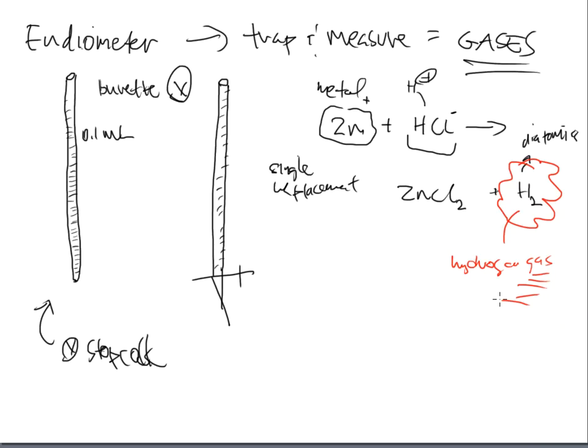And now, for the first time, we're talking about products that are going to be in the gas phase. We can collect them, and we know that they're going to be there. If I do want to trap them, there's a very clever way that we can trap and capture this product. And this is going to be captured by a eudiometer.